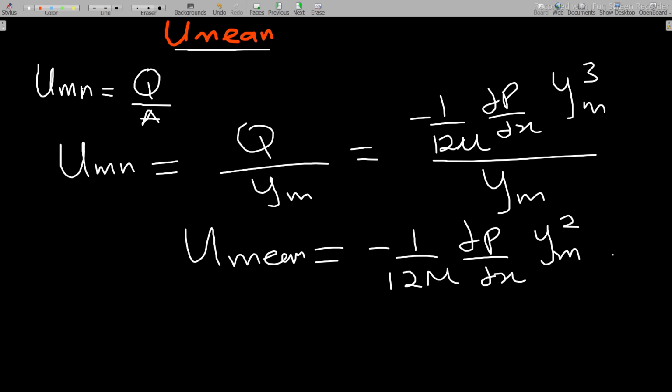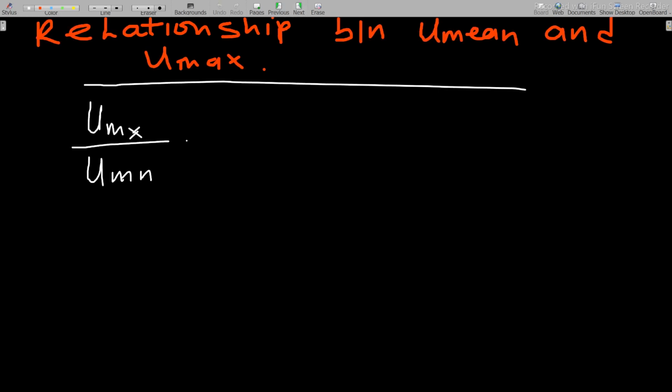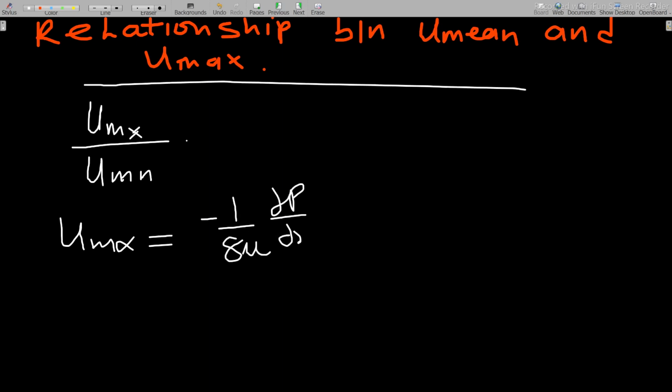So let's quickly consider the relationship between the u max and the u mean. If you remember, our u max is equal to negative 1 over 8 mu del p del x ym squared.